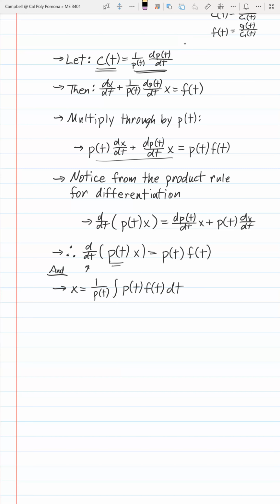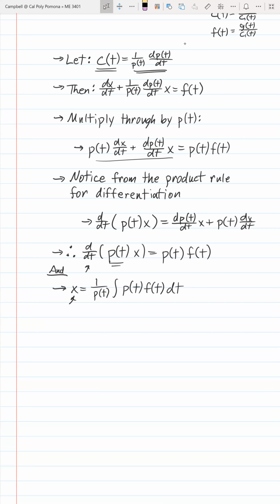We take these functions of time, which are known, multiply those two together and integrate relative to time. Whatever we get, we divide by p of t, and there we go. We have x as a function of time that solves our differential equation.